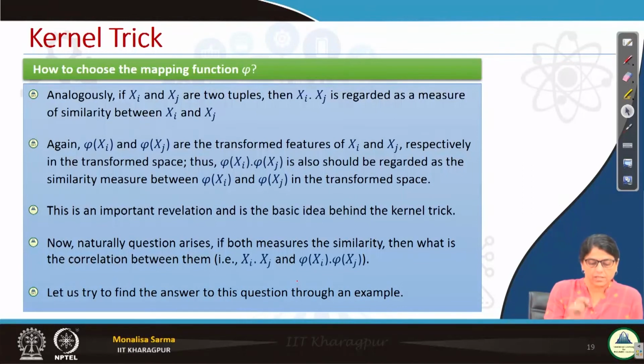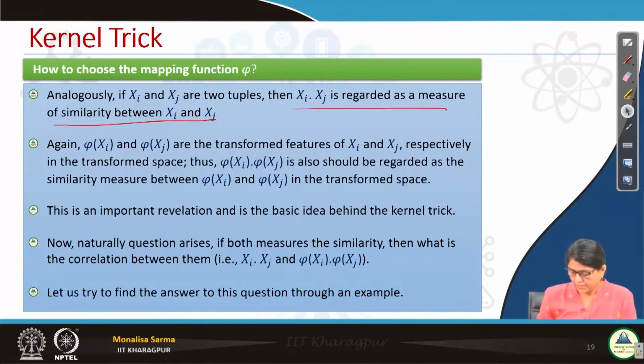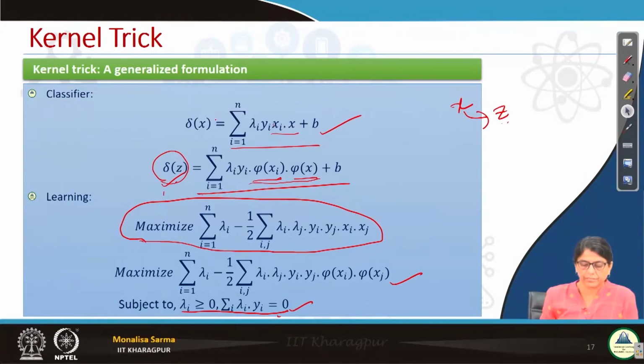Now analogously, if xi and xj are two tuples, then xi dot xj is regarded as a measure of similarity between xi and xj. See here, when using the classifier, I have used xi dot x, the dot product. Similarly, here also I have used the dot product.